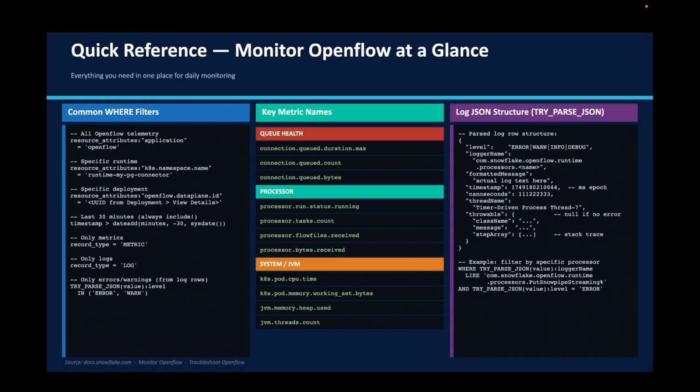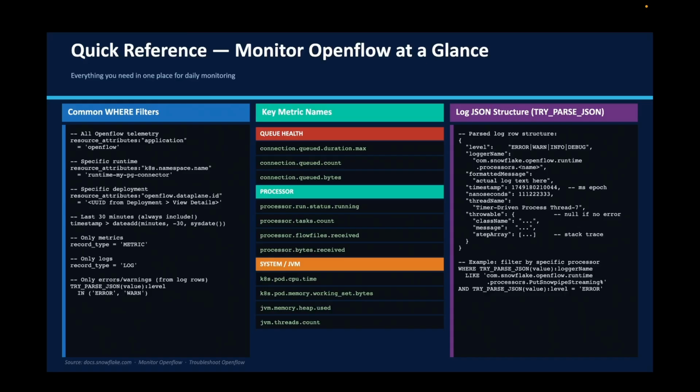Overall, a quick reference to monitor OpenFlow at a glance. Everything that we need in one place for daily monitoring. Common WHERE clause filters use OpenTelemetry resource attributes, where application equals OpenFlow for OpenFlow, and others for other resources. Use a specific runtime name and a specific deployment name.